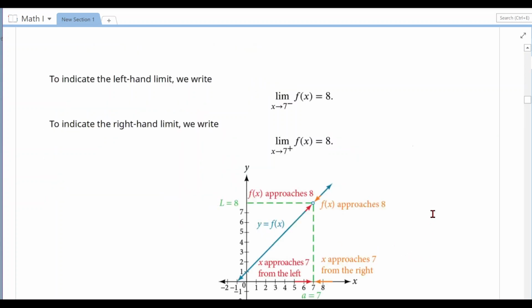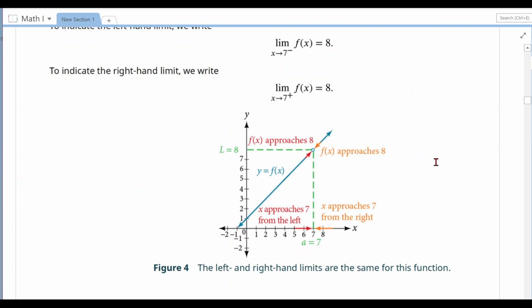So we can write the limit of f of x as x approaches 7 from the left equals 8, and the limit of f of x as x approaches 7 from the right, with the plus sign here, also equals 8.